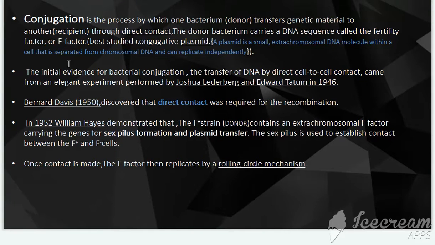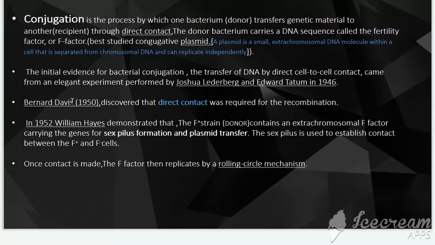Now, I'm saying this definition very confidently. Why? Because all these things are already proven. Very first, it was proven by Joshua and Edward in 1946. As I said, the process can happen only if there is direct contact.